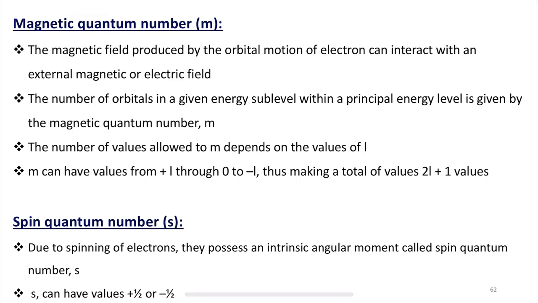The number of orbitals in a given energy sublevel within a principal energy level is given by the magnetic quantum number. So, here comes the importance of the magnetic quantum number.